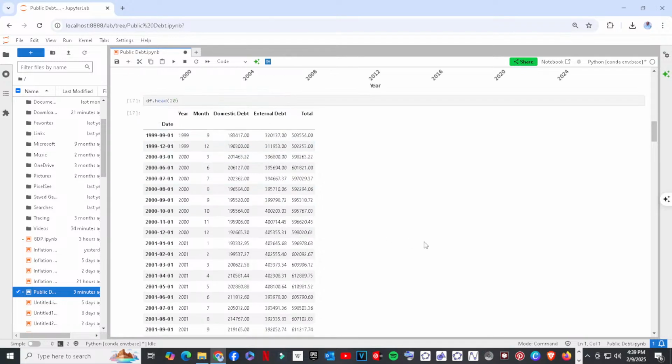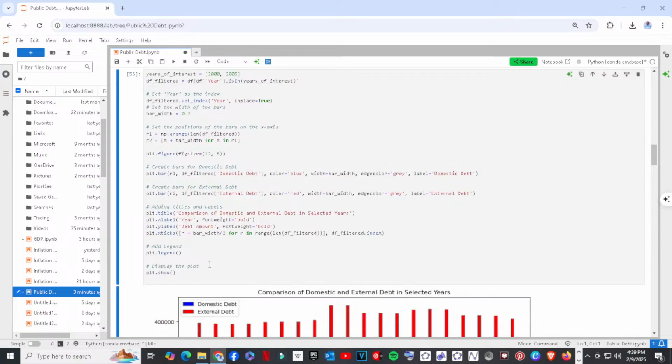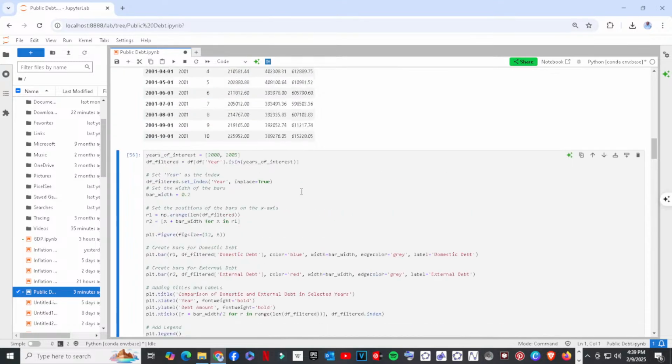The next things are just tests that I did to ensure that, as I downloaded the data directly, there were some columns that were showing objects. So I had to confirm that and make the necessary adjustments so that they are floats for the purposes of analysis. But for now, I'll remove that.